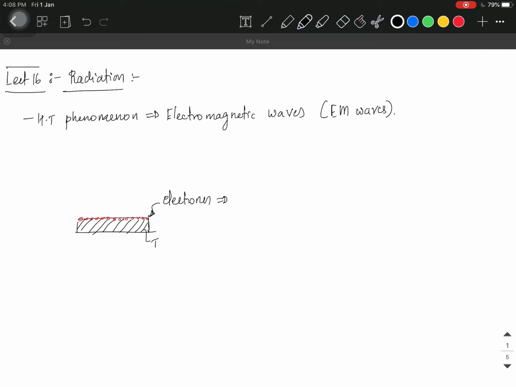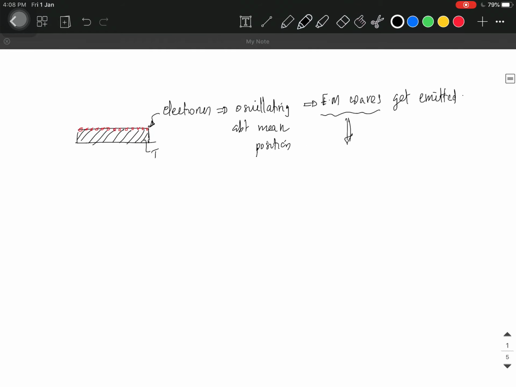Due to the temperature of this body, the electrons start oscillating about their mean position, and due to this oscillation, electromagnetic waves get emitted.